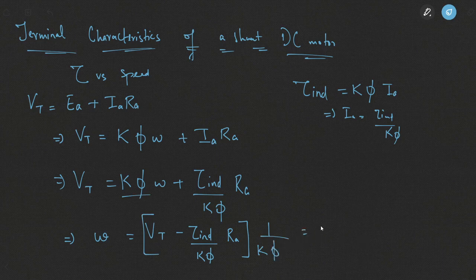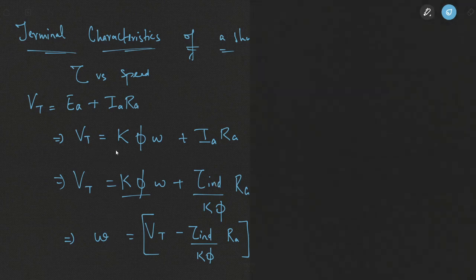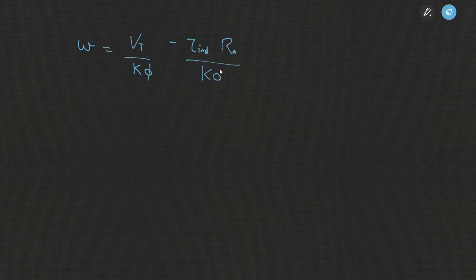Or you can write it as Vt by k phi minus torque induced into Ra divided by k phi square. So this is our speed equation.